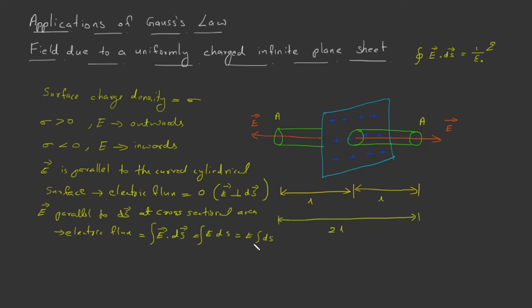Therefore, the integral of ds is 2 times A. Therefore, this integral becomes 2EA. So the electric flux through the cross-sectional areas is 2EA, where A is the cross-sectional area of the cylindrical Gaussian surface.